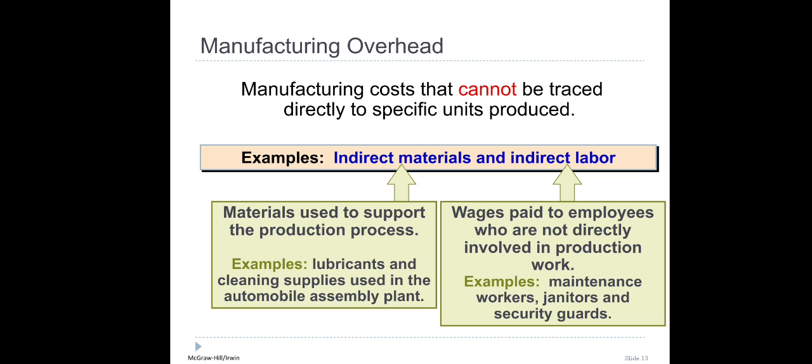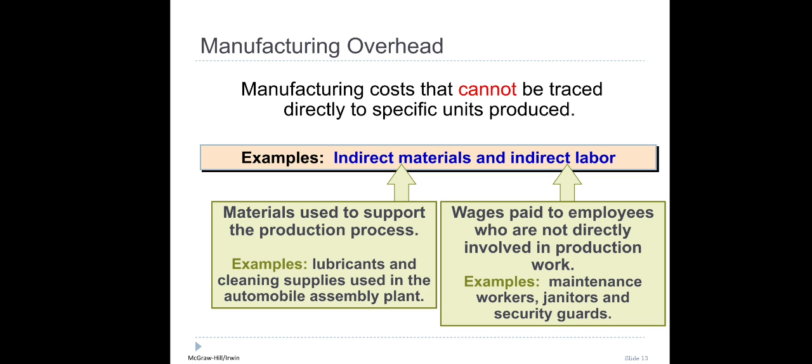They work in a factory, but they are not involved in the assembly of the product produced in the factory. So the salary paid to this indirect labor is called indirect labor cost. And indirect labor cost is a manufacturing overhead cost.